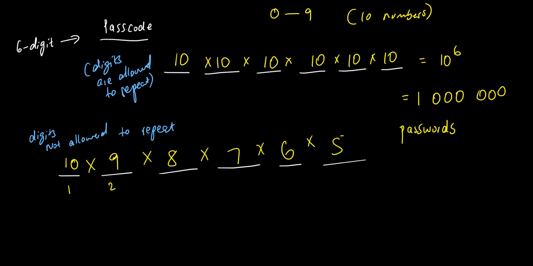The answer that you are going to get is the number of passwords that are possible when the digits are not allowed to repeat. The answer you're going to get here is the number of passwords that you can have to unlock the iPhone, the passwords that are not using repeating numbers. You understand?